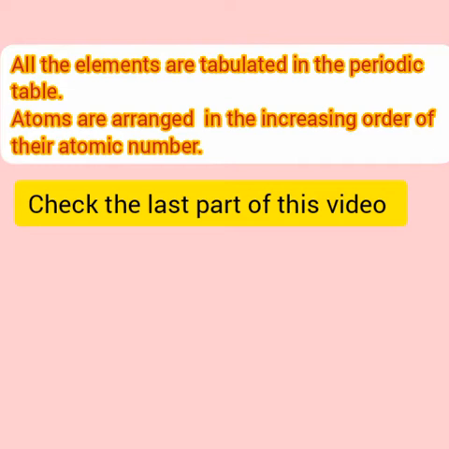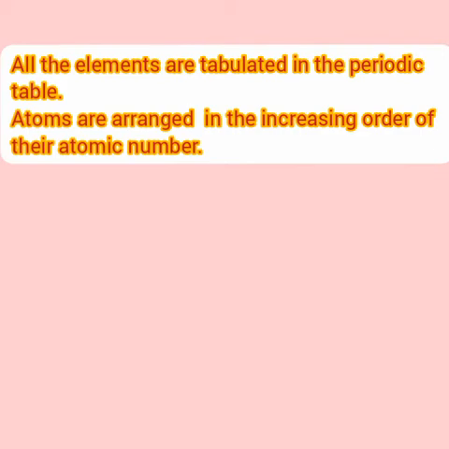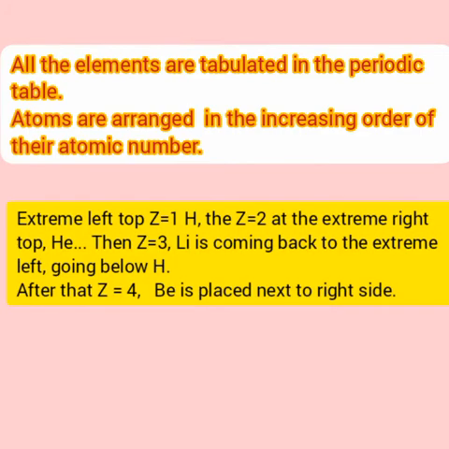You can look at the periodic table on the screen, or have a printout. I request you to take a printout of this periodic table and keep it with you while learning this. On the top left-hand side, there is hydrogen, with atomic number 1. Then, on the extreme right, you can see helium placed there.